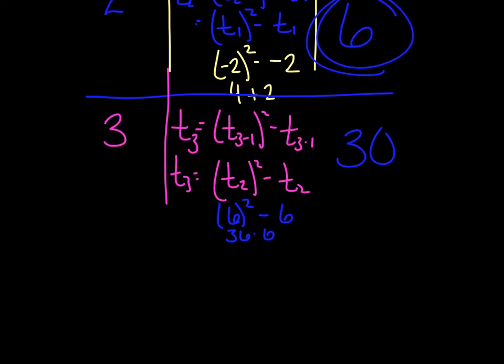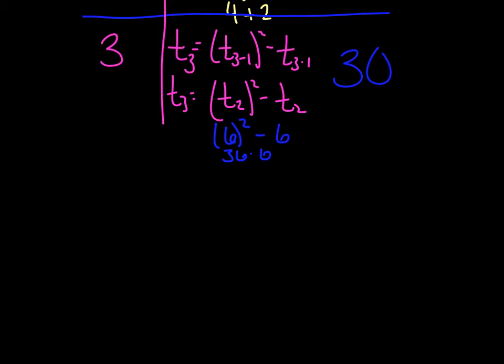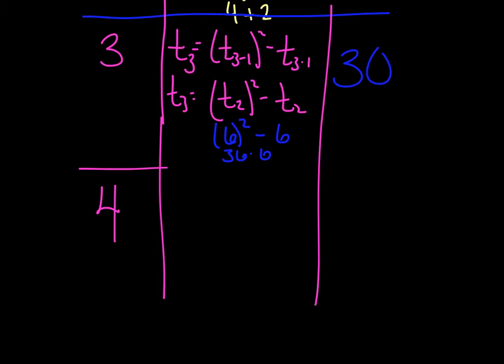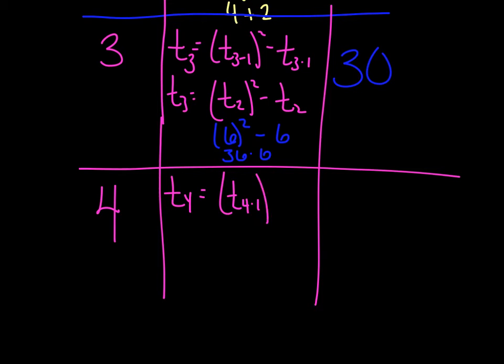And again, my goal is to get to the fifth, so I'm just going to keep chugging here. I have to get the fourth term. So t sub 4 equals t sub 4 minus 1 squared minus t sub 4 minus 1. So this really becomes t sub 3 squared minus t sub 3.